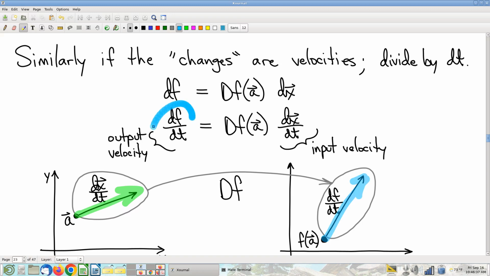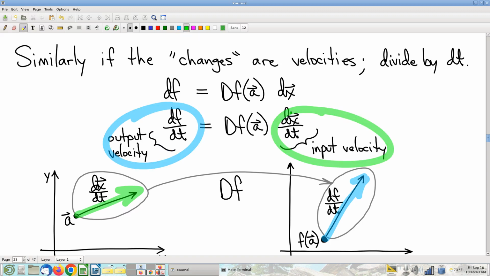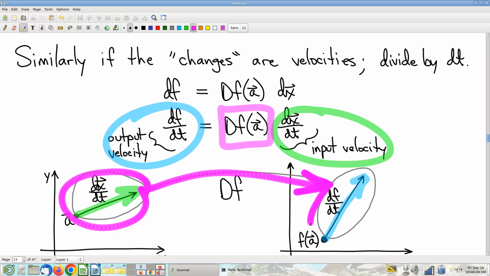Output velocity, input velocity. So the derivative matrix is not a linear approximation here. Here, this is exact. The derivative matrix turns input velocities exactly into output velocities. Rolls off the tongue very nicely, thinking of it that way.